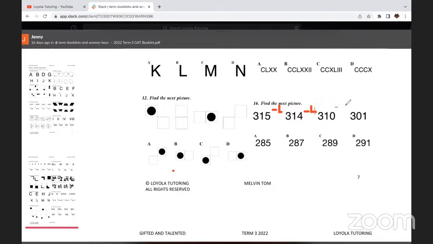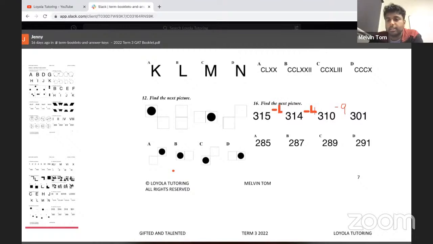Then it goes -9. So what's happening here is actually, Ishan, do you know what's happening here? What's the pattern here? -1, -4, -9. Anyone else? Who else is here?